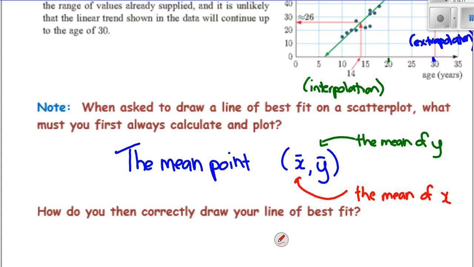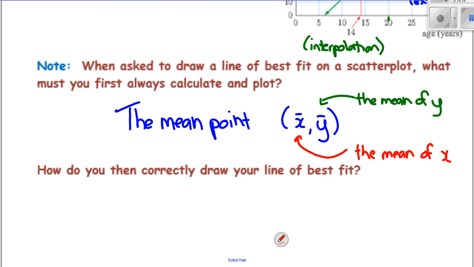Fabulous. How do you then correctly draw your line of best fit? You must make sure the line of best fit goes through the mean point. Of course, you try to fit the general trend as well, but you must make sure the line of best fit goes through your mean point.